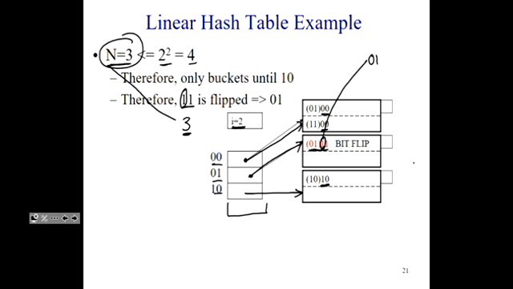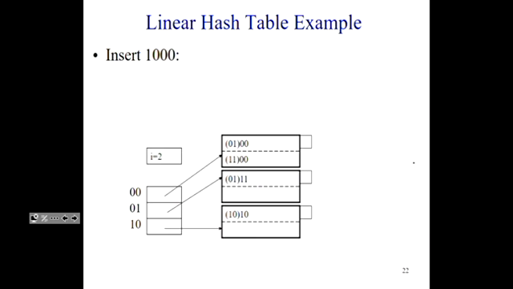Okay. So we now know how to interpret a linear hash table. Let's think about how to insert stuff. Let's say I have a new record with hash value 1000. Now my i is equal to 2, right? So I'm interested in the last 2 bits of this hash value.